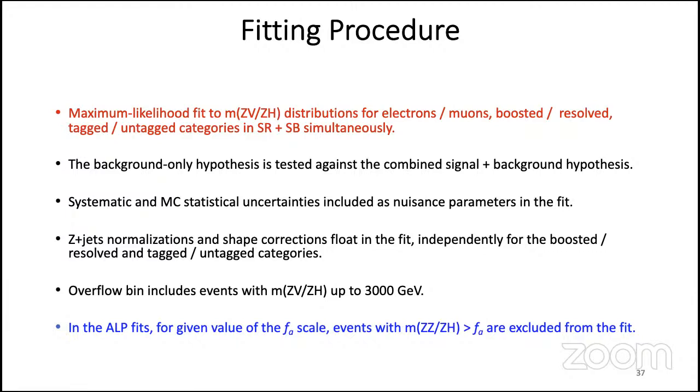The systematics are included as nuisance parameters in the fit. They are profiled in the fit and independently for the different categories. The overflow bin in the invariant mass distributions, I mean the last bin, considers events up to 3,000 GeV. For the ALP fits, for a given value of the FA scale, events with mass greater than the FA scale are excluded from the fit.